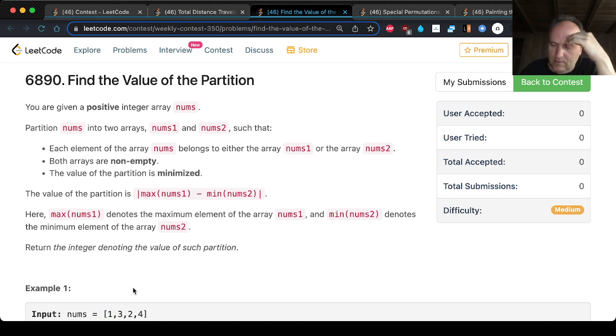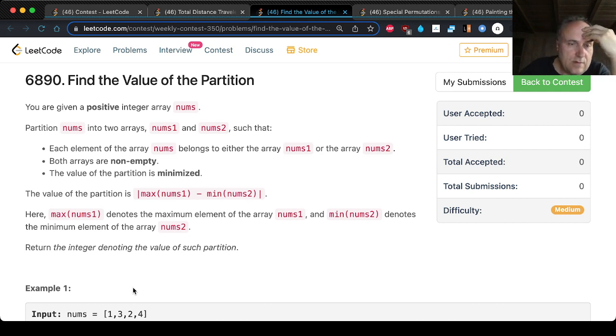So 1, 3, 2, 4. The max, the min. So it's a max and min, so that's 2 and that's 2.